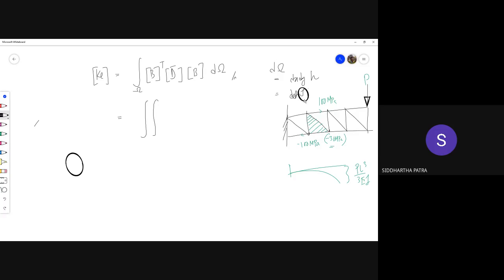The dx dy or the differential area can be written as det J times d xi d eta times h.